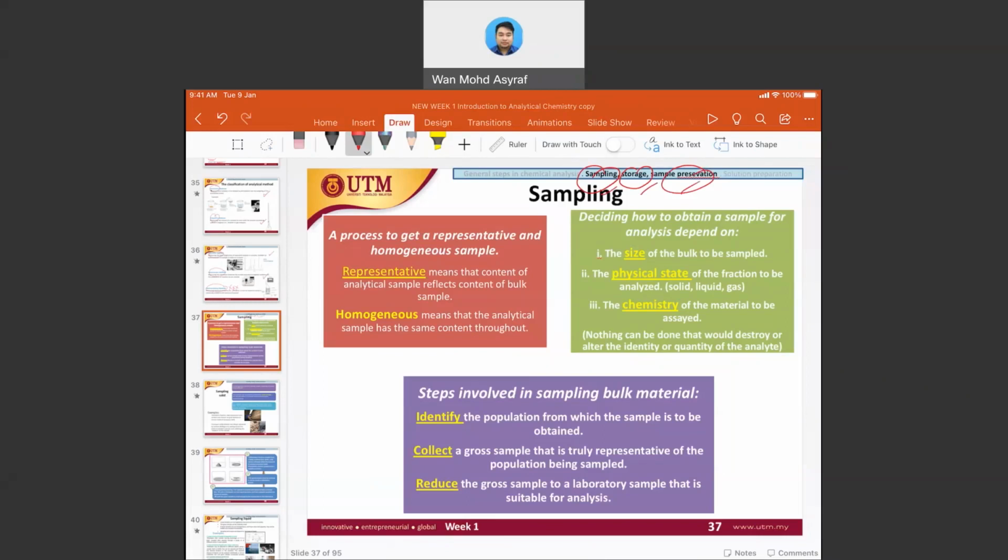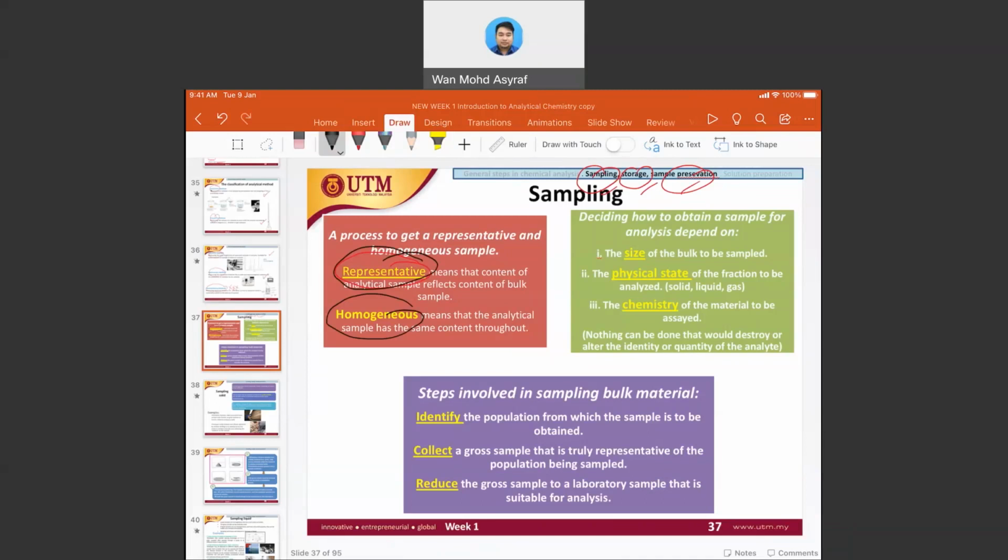Okay, so the important thing is the word representative as well as homogeneous. Representative means that the content of the sample reflects the bulk of the sample. Means that what we take is representative of the whole bulk that we want to test.